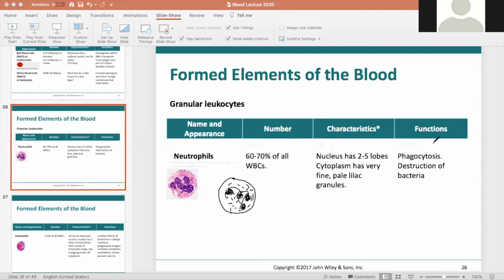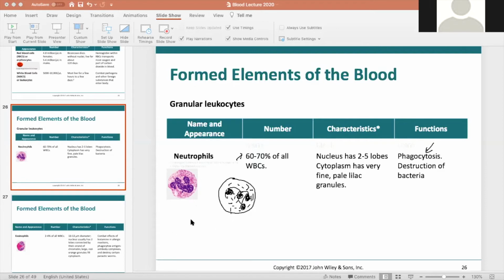And we know them to be phagocytes, right? What that means is that they are eating cells. They destroy bacteria. And we know that they fall within this 60 to 70%. They're known as the warriors. So if we have something going on in the body and it's a foreign antigen and the body can't identify it, then these neutrophils are going to go to war for us.